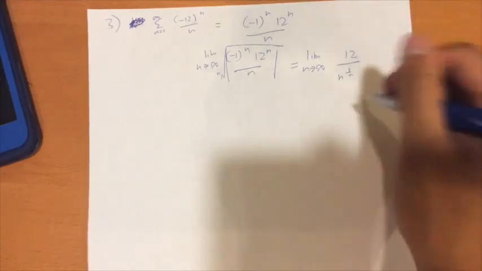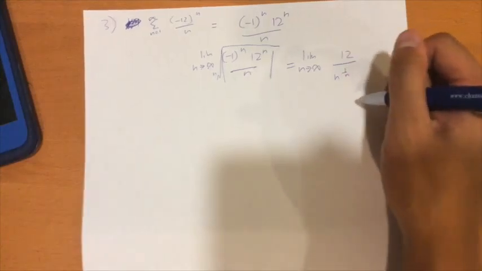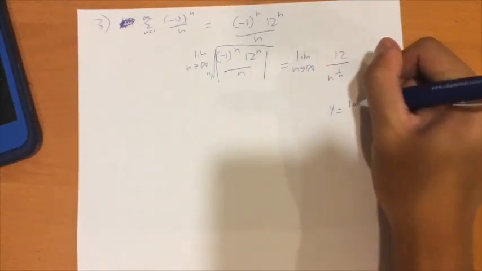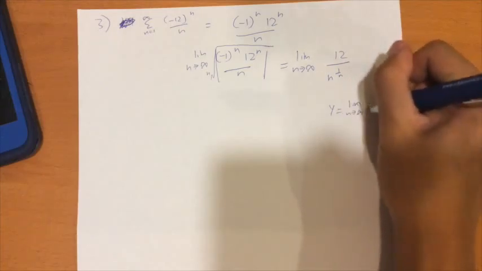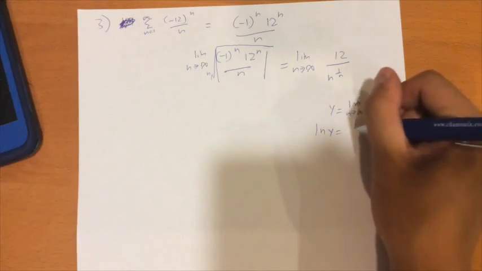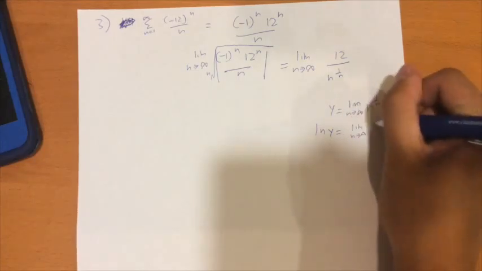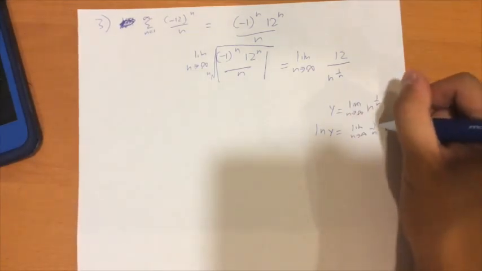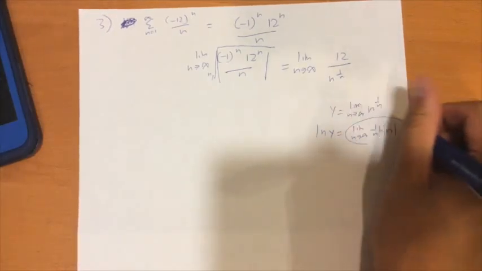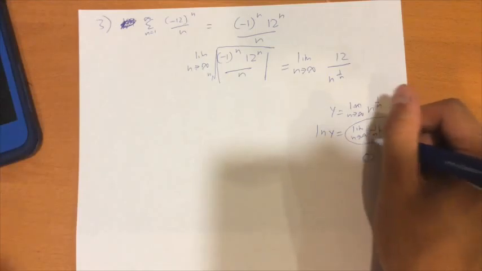So again, you're going to set y equal to the limit as n approaches infinity of n to the 1 over n. You're going to ln both sides. And this is going to become 0 because you have a 1 over infinity.